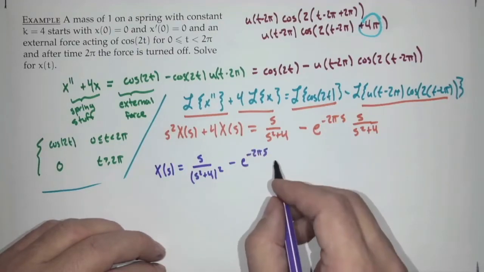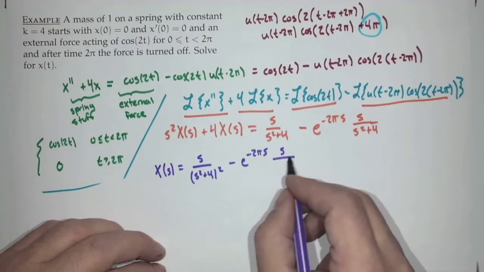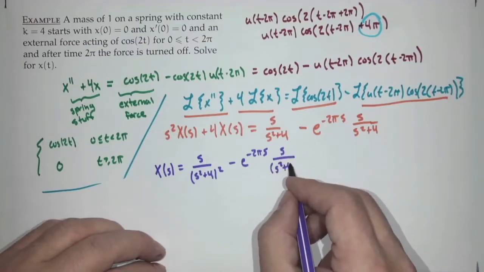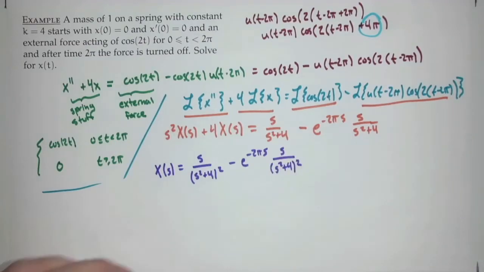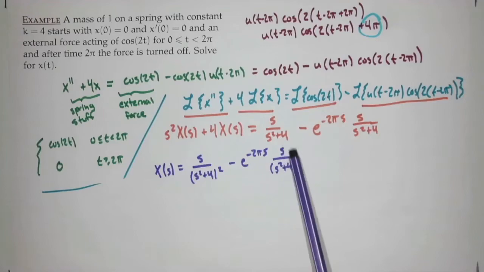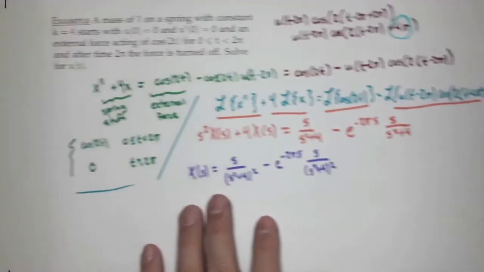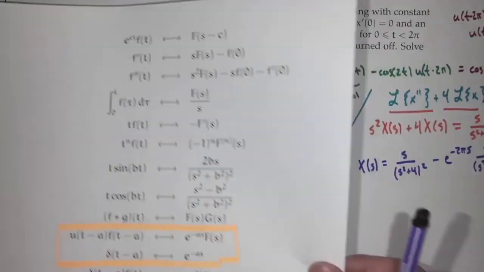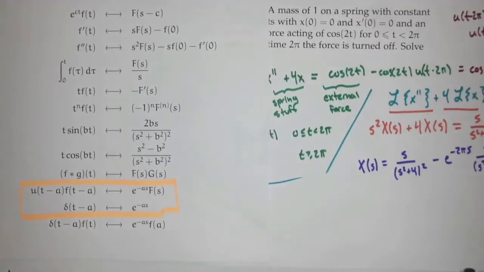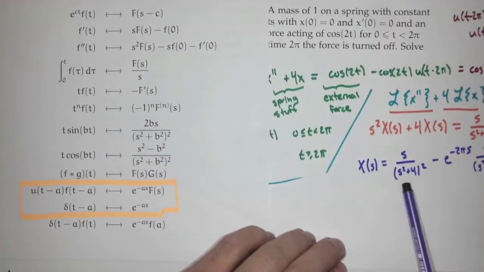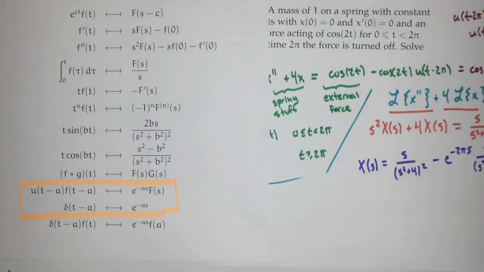Minus e to the minus 2 pi s over s squared plus 4 squared. Now the good news is these are the same thing. So if we figure out what happens with one, we know what happens with the other. So we grab our table and we start saying, please let there be something where there's an s squared plus 4 squared downstairs and there's an s on top.